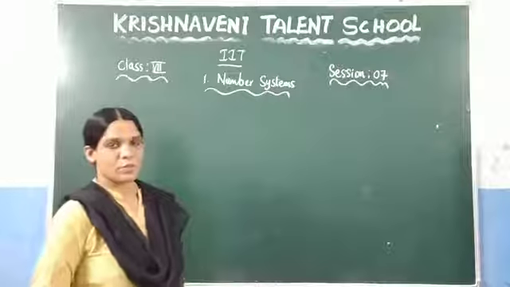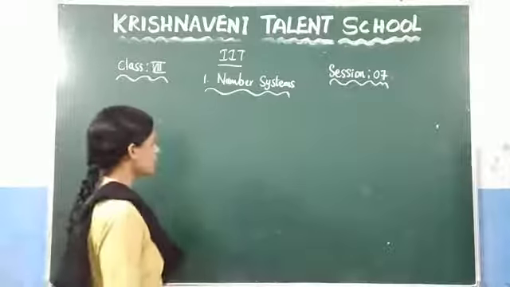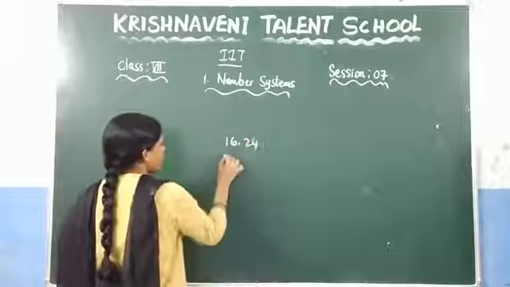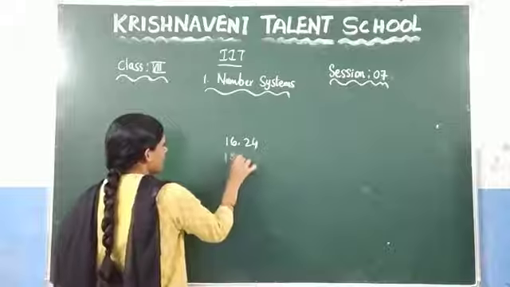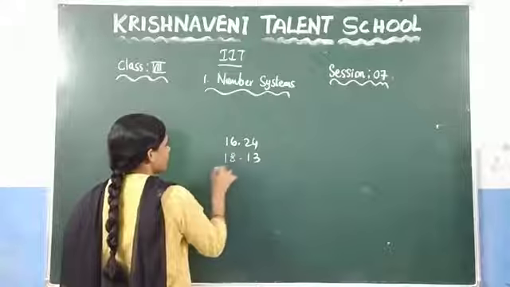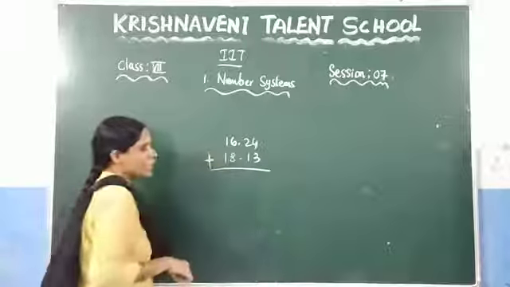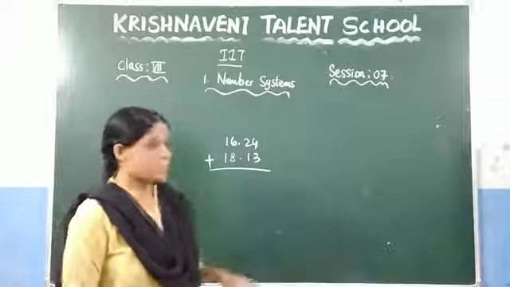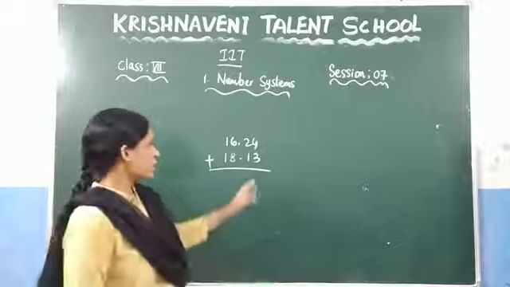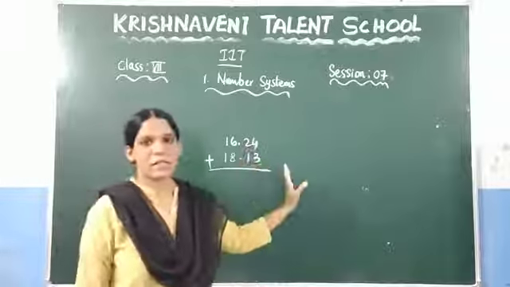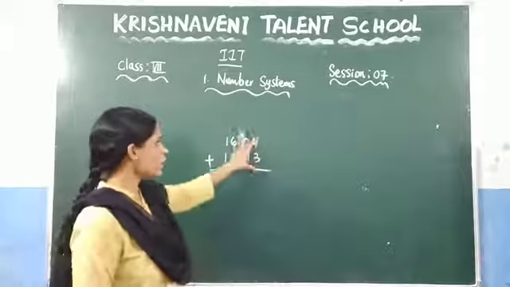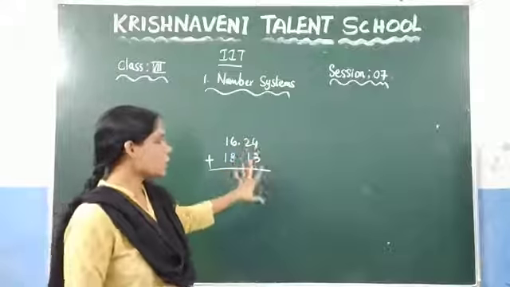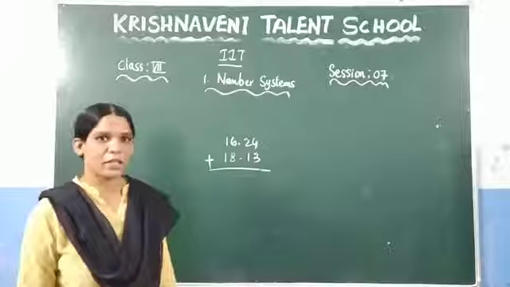Let us consider two decimal numbers. It is very easy to add decimal numbers. Consider 16.24 and 18.13. If you want to add these two decimal numbers, you need to add the right side of the decimal point first. The numbers on the right side are 24 and 13, so you need to add those first.